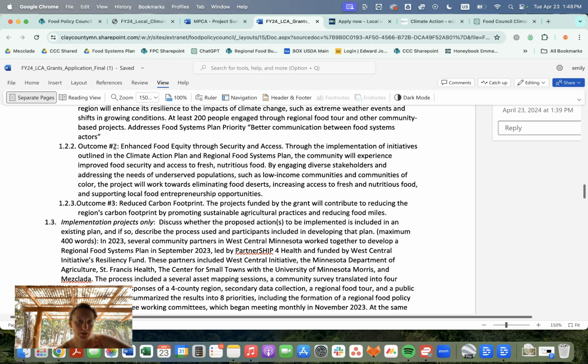Enhanced food equity through security and access. And so we just have, through the implementation of initiatives outlined in the Climate Action Plan and the Regional Food Systems Plan, the community will experience improved food security and access to fresh, nutritious food by engaging diverse stakeholders and addressing the needs of underserved populations, such as low-income communities and communities of color. The project will work towards eliminating food deserts, increasing access to fresh and nutritious food, and supporting local food entrepreneurship opportunities.